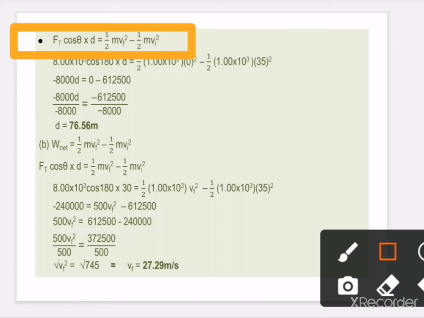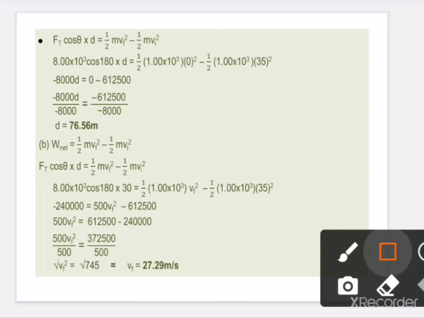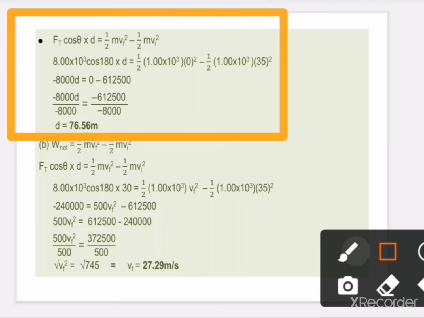So from here, it's just a matter of substitution. The force was given before as 8.0 times 10 to the power 3, and so that's what you'll see in the next step. So what we're doing here is we've substituted a value for that F cos theta. Now, remember, the question is saying this force which we have been given here is the average kinetic friction force.